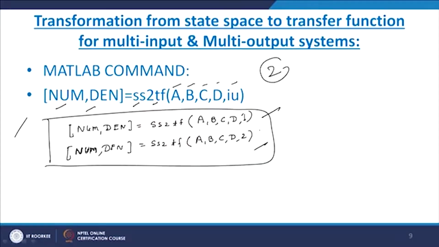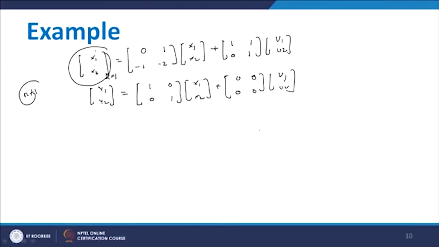As discussed earlier, this command we have to use. Here we can write [num, den] = ss2tf(A, B, C, D, 1). If you write this command in MATLAB, we will get the result.